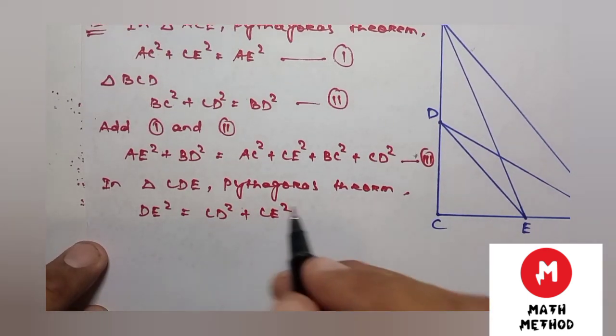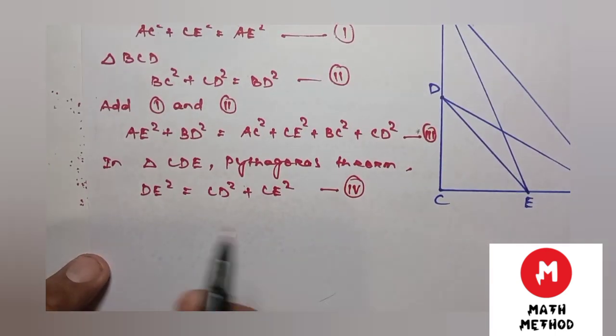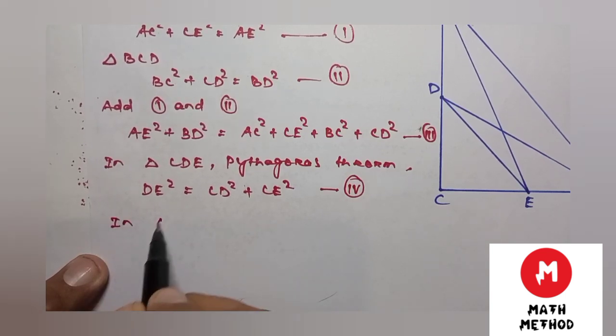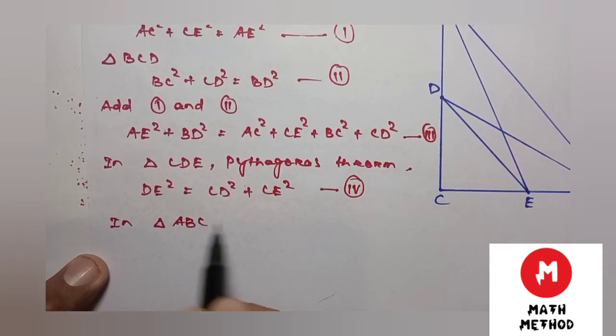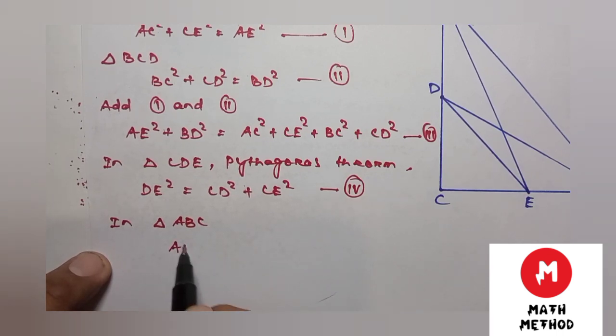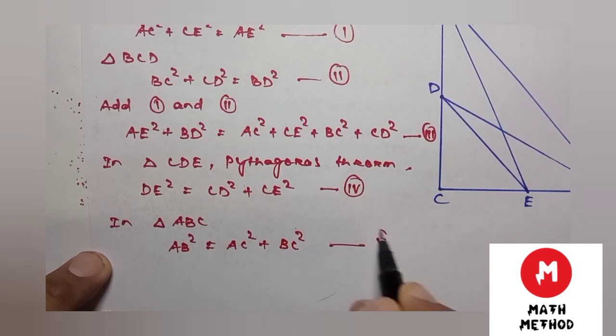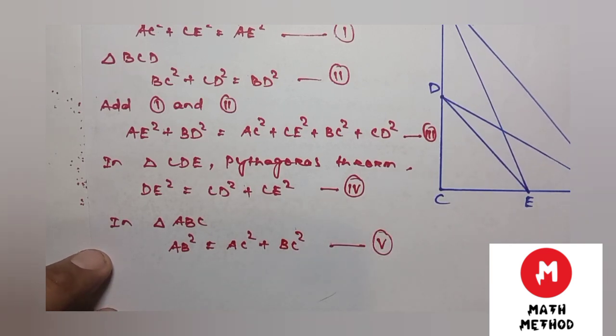This is our equation number 4. Similarly, in triangle ABC, again by Pythagoras theorem we will get AB square is equal to AC square plus BC square. This is our equation number 5.